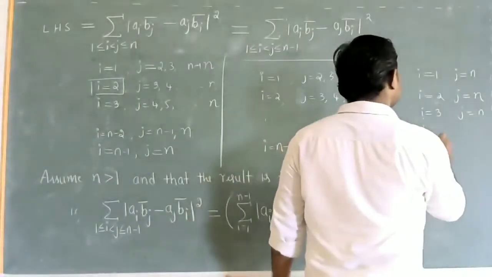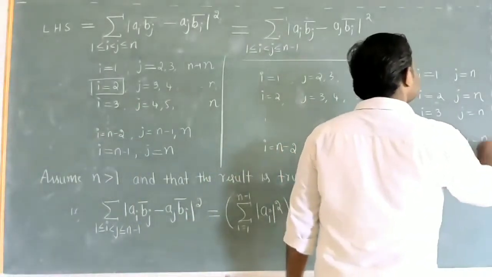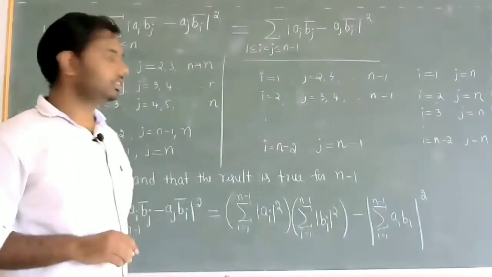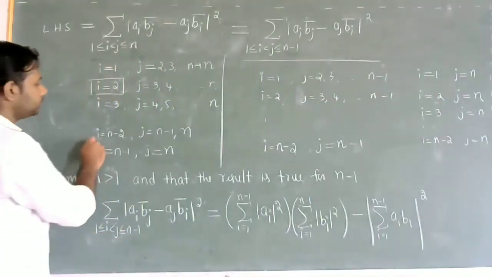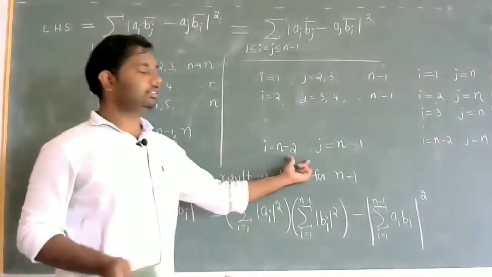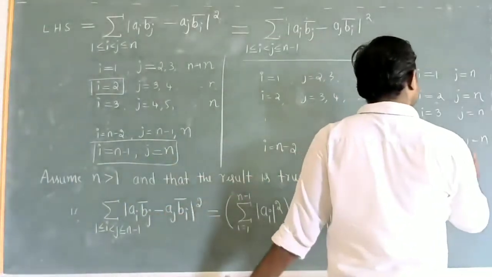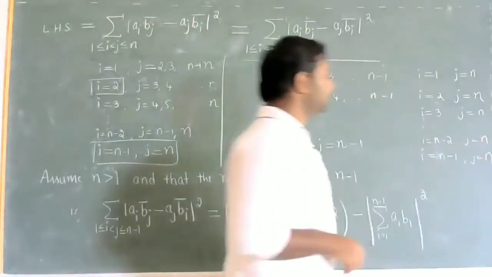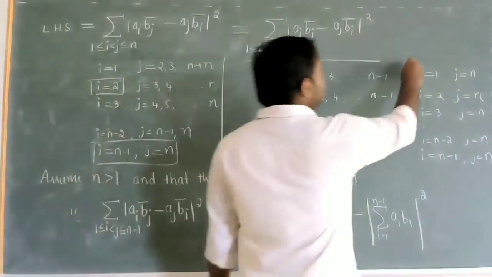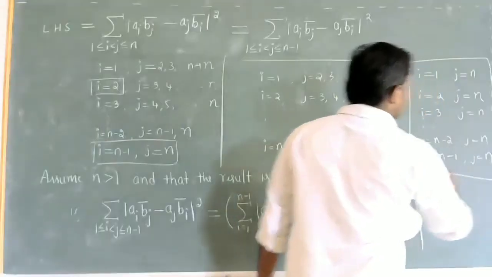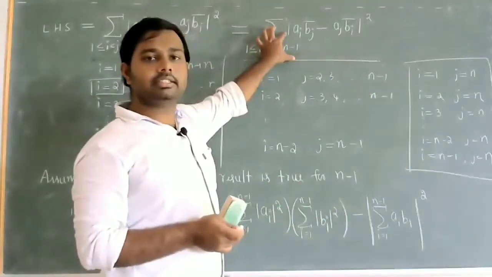So for i is equal to n minus 2, I have to take j is equal to n. And finally, this last term is not there, so that term also has to be considered here: i is equal to n minus 1, j is equal to n. So these are the terms I have left in this summation.